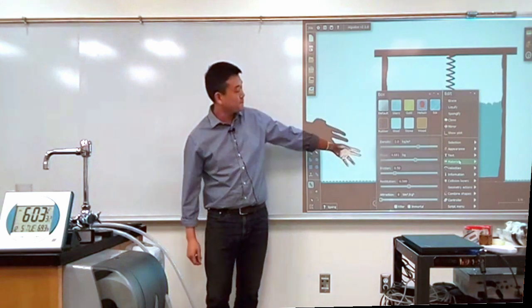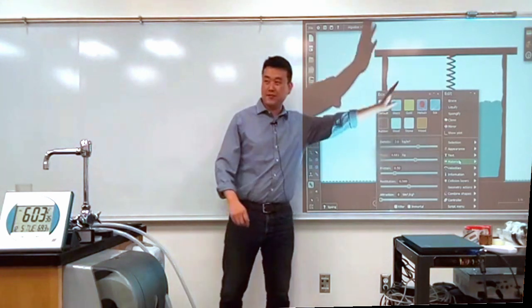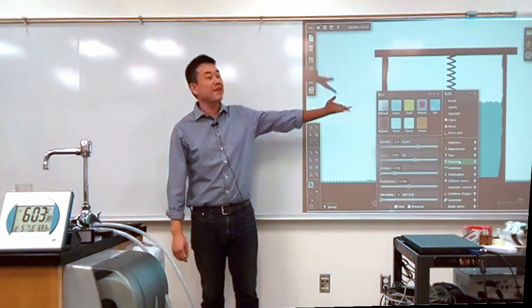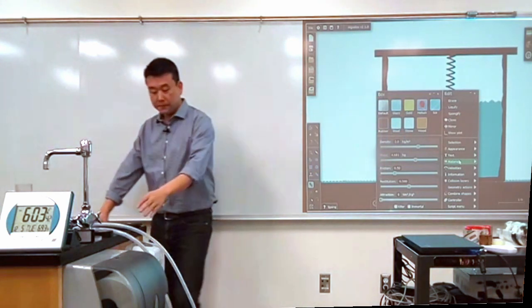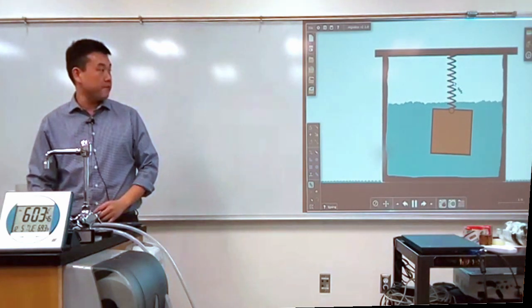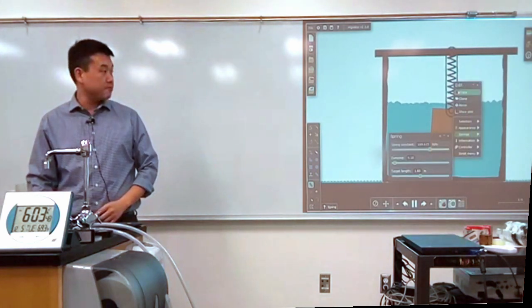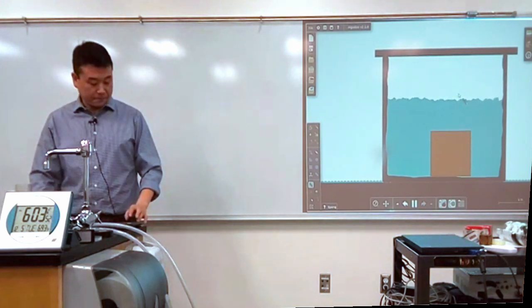The units here are off because it's a two-dimensional simulation. It's double the density of the liquid, so it won't quite float. That's why it's attached to this spring. If I get rid of the spring, it'll sink, as you would imagine.